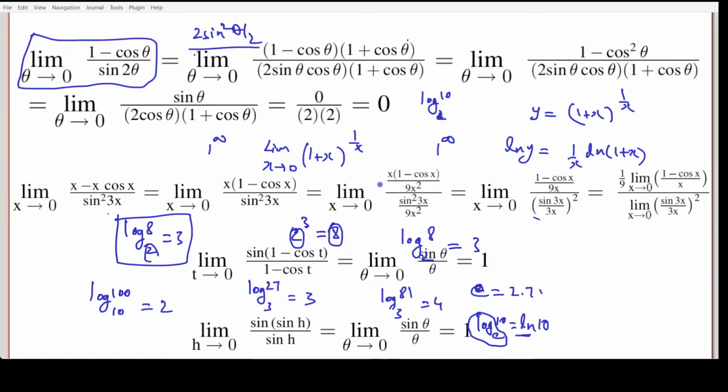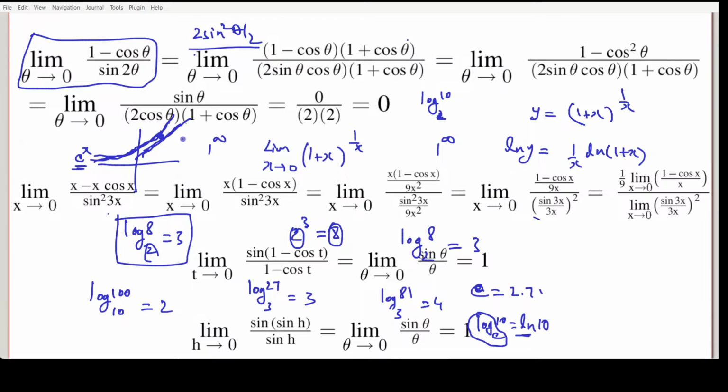So, you would have seen, we have discussed about e power x, no? We have discussed that this graph looks like this, right? What is so special about this e? At any point, if you calculate the slope, the value of the slope is equal to the value of this function.